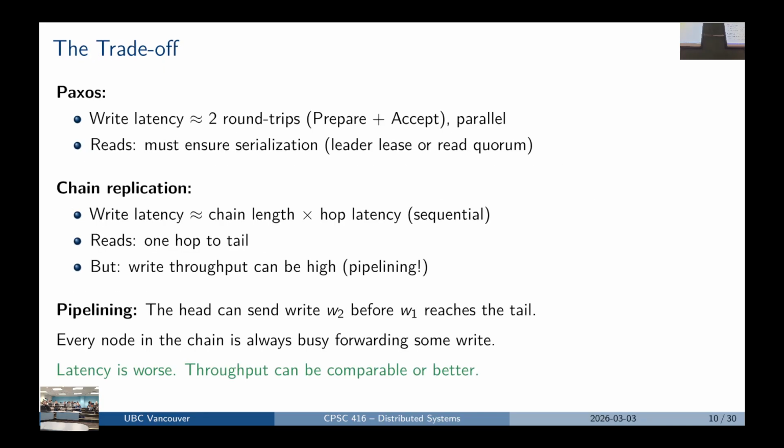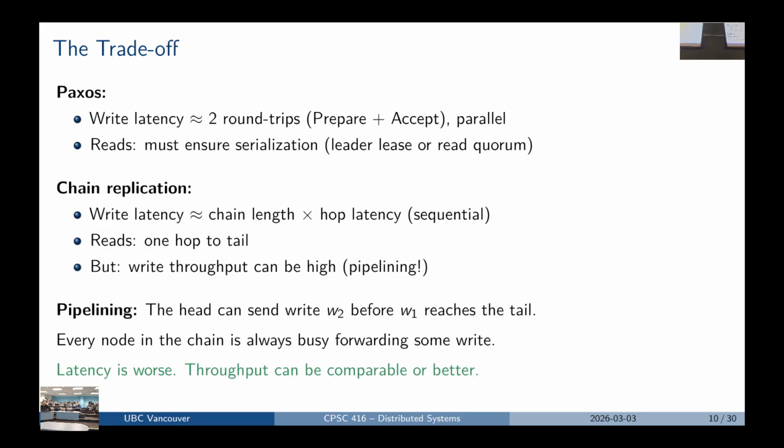So in Paxos, the write latency is approximately 2 round trips because you have a prepare and accept phase, but those go on in parallel. In the reads, you have to ensure serialization because you have to make sure that you're serializing against the current leader and or a read quorum. In chain replication, write latency is in fact multiplied by the length of the chain and the hop latency. So the read is 1 hop to the tail.